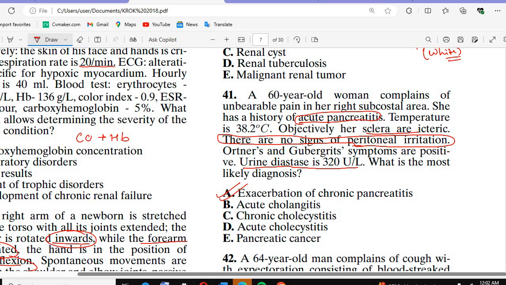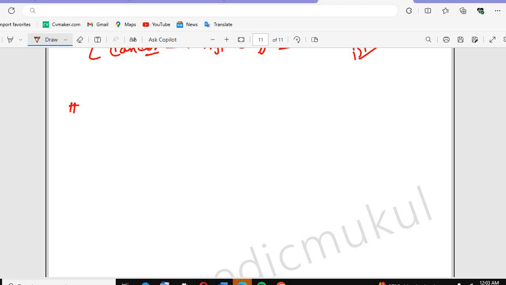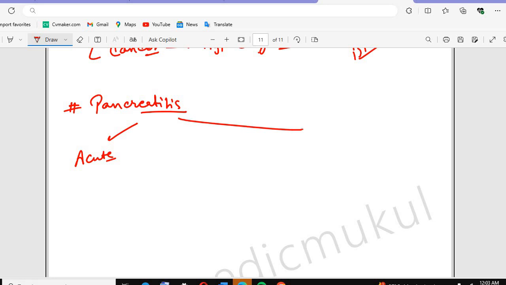Okay, so remember that, if the diastase is raised, it is an exacerbation of chronic pancreatitis. This is positive in the case of chronic pancreatitis. When we talk about pancreatitis, remember there would be acute pancreatitis and there would be pancreatic cancer.